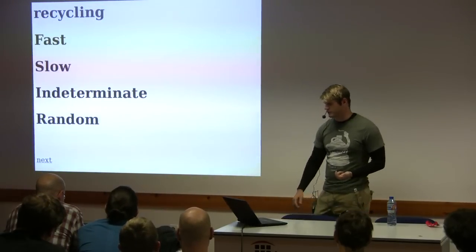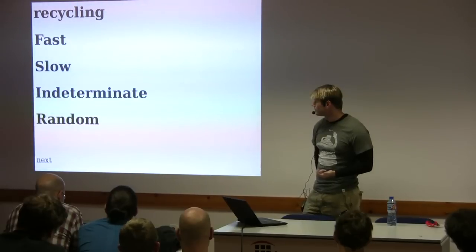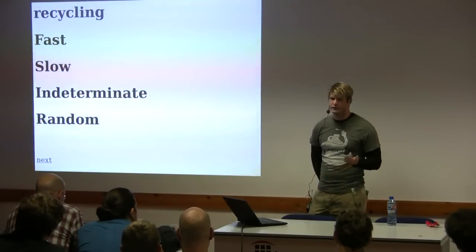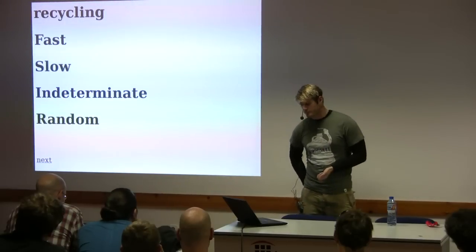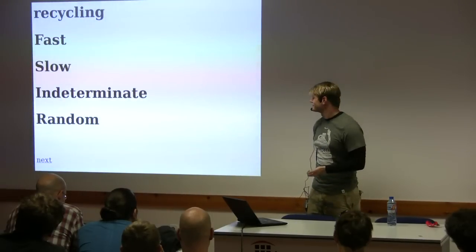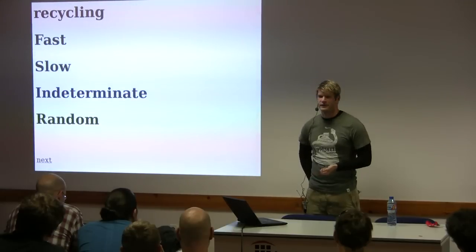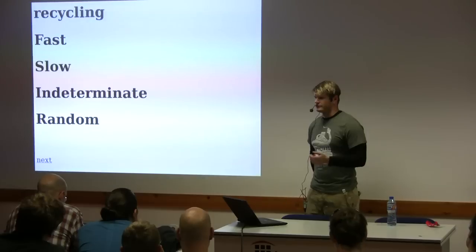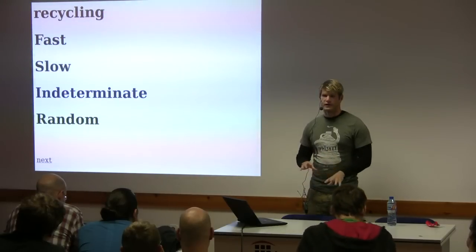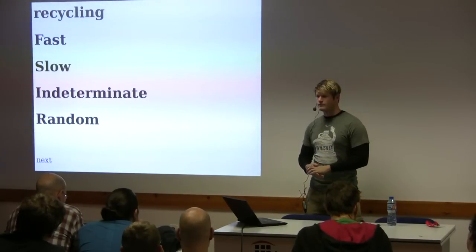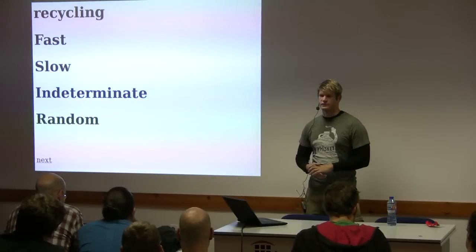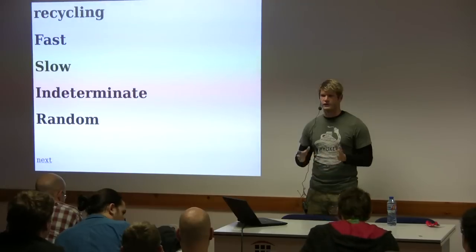But what you see in a number of allocators is what I'll call indeterminate recycling. I'm not sure that this is a great name; I don't really have a better one. What I mean is that most allocators have a hybrid approach where you have a number of free lists, like in malloc, where you'll have a free list for each page.